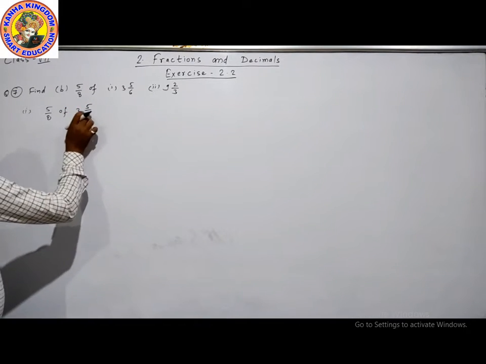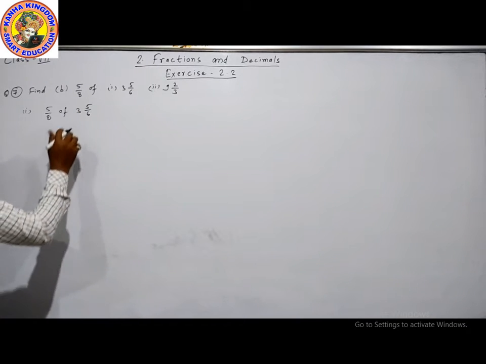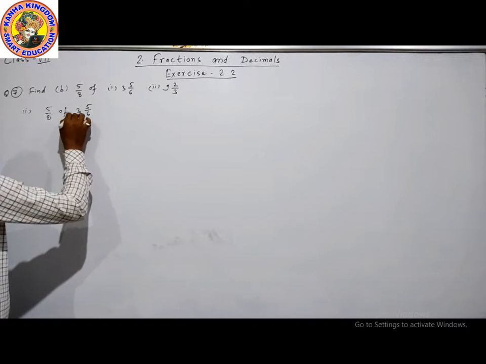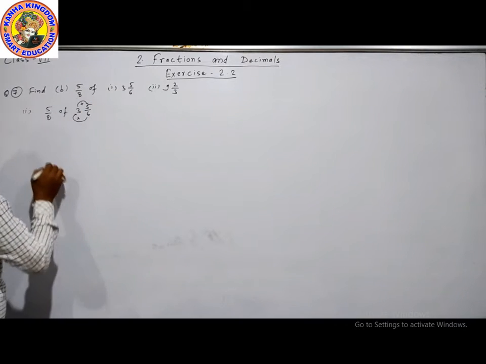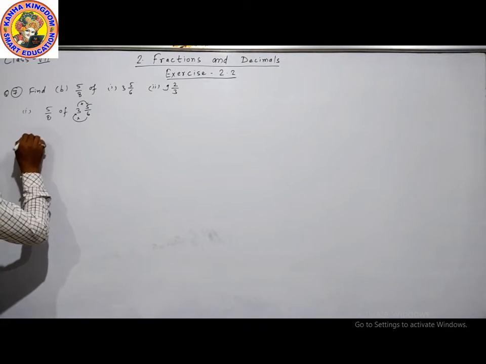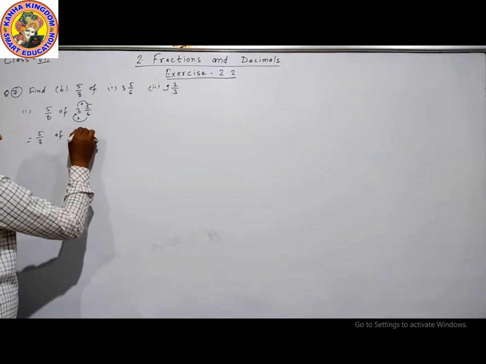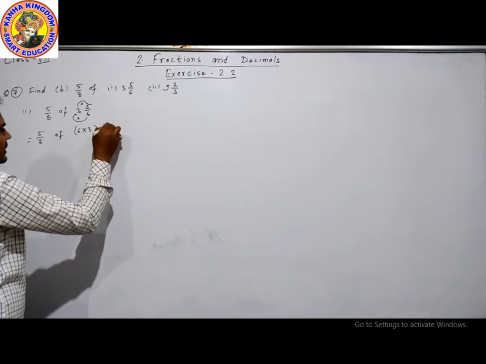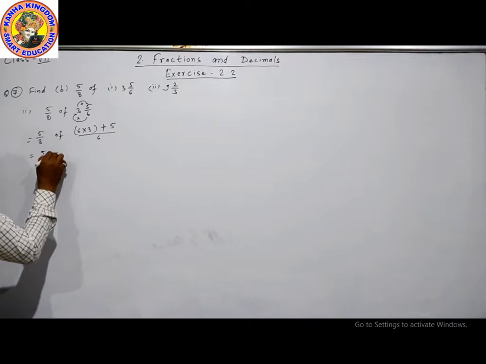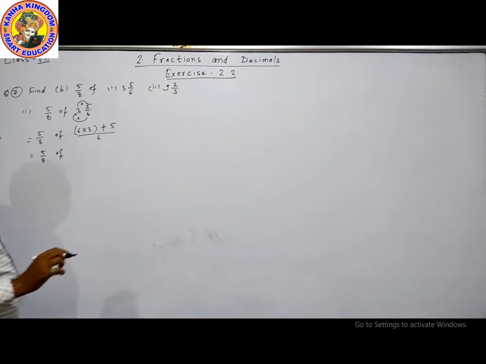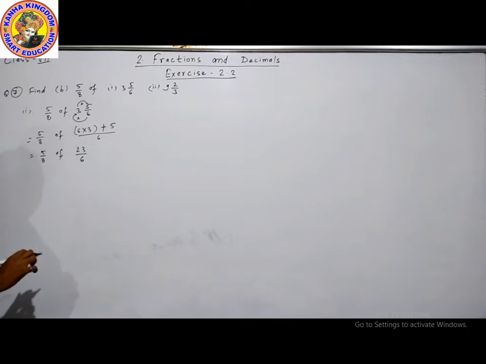First of all, we will convert the mixed fraction number to an improper fraction number. So we will multiply these numbers and then add this. So 5 by 8 of 6 into 3, then add 5 upon 6. 5 by 8 of 6 into 3 is 18, 18 plus 5 is 23 upon 6.